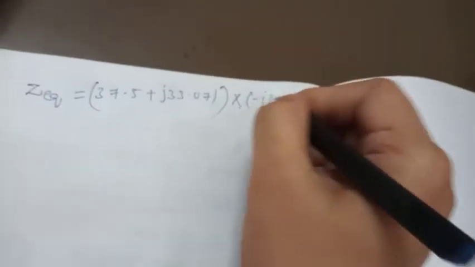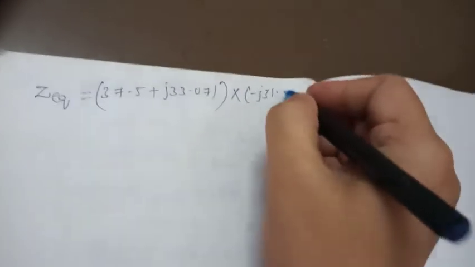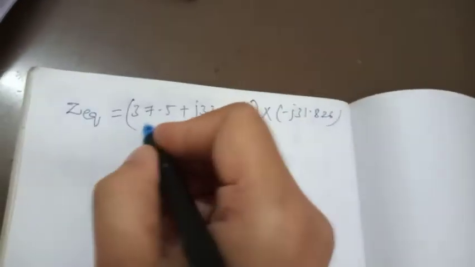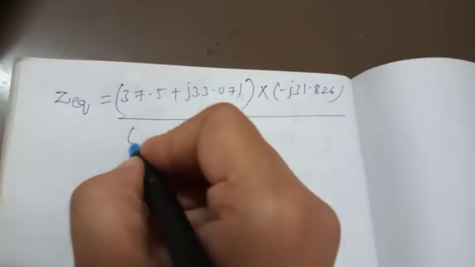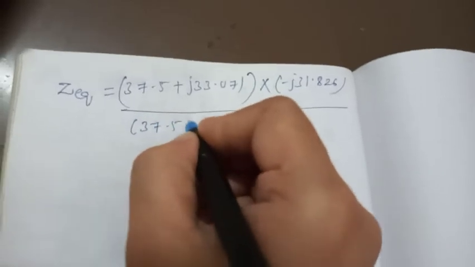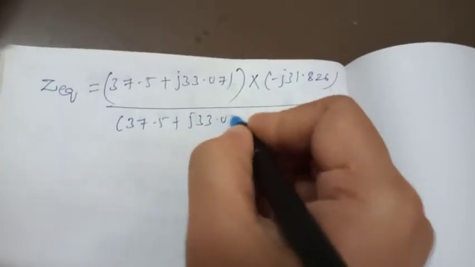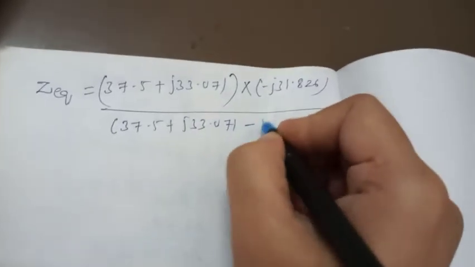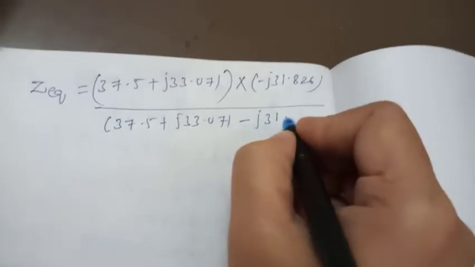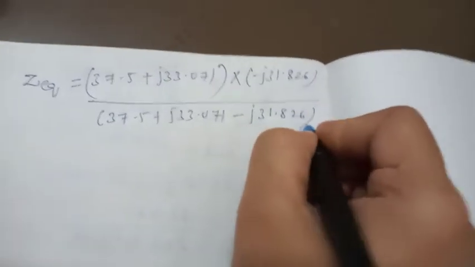The Z2 value is minus j 31.826, divided by Z1 plus Z2, which is 37.5 plus j 33.071 minus j 31.826.